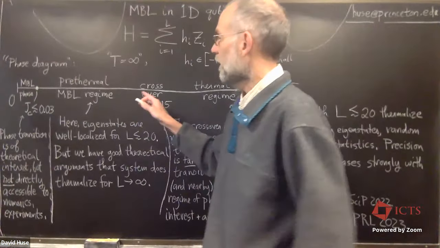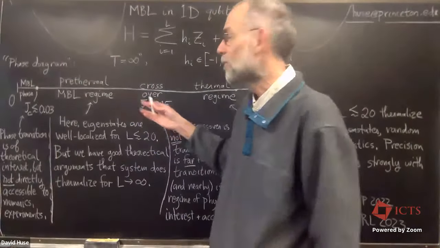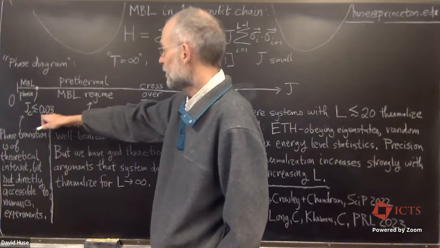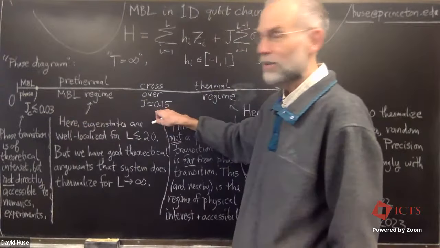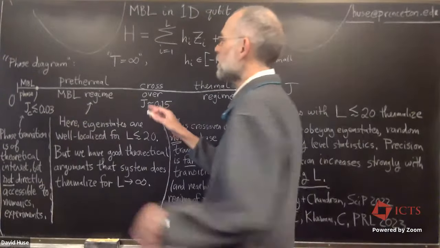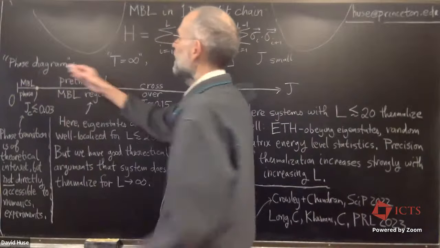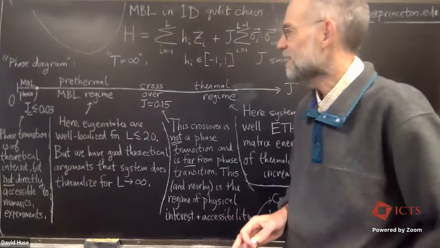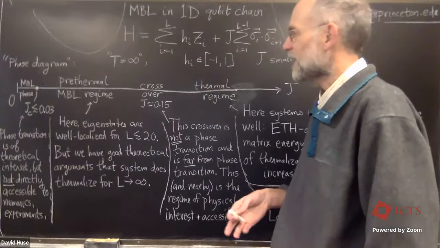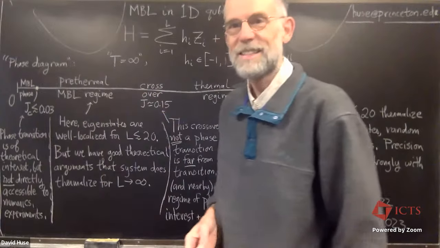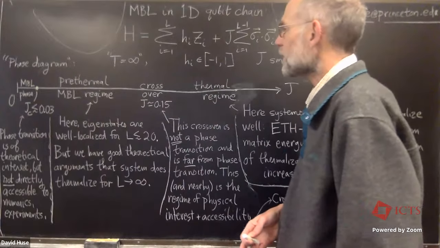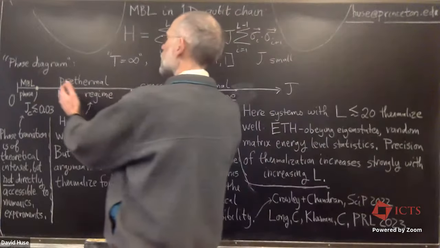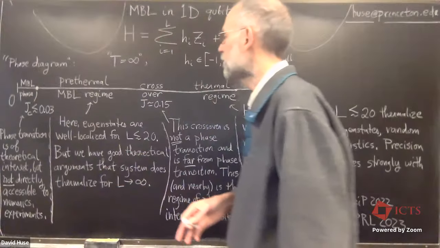The surprising thing was that the bound was at this number, 0.03, much smaller than this number. And that opened up this great big intermediate regime, which is not really the MBL phase, but it's acting MBL at the system sizes we can study. And that this regime was so big hadn't been appreciated before.